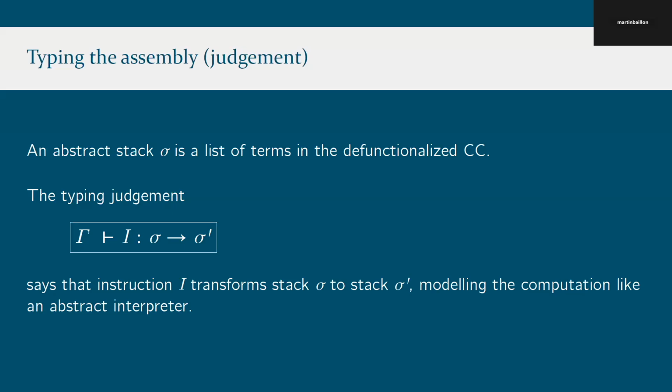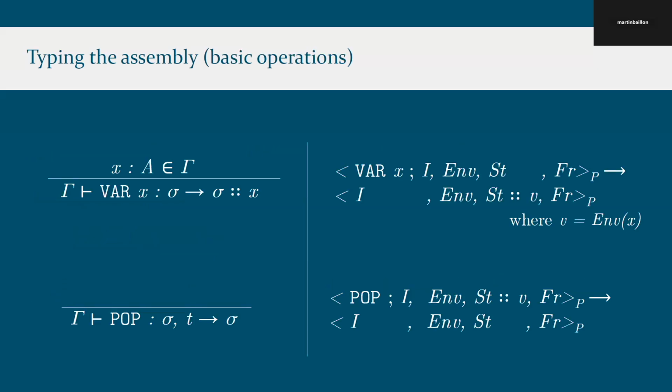And the typing judgment is pretty much the same as the usual stack typing, except that it says that this instruction I transforms a stack of content sigma to a stack of content sigma prime. In principle, it should be modeling the computation of the instruction like an abstract interpretation scheme. And what I mean is exactly like this.